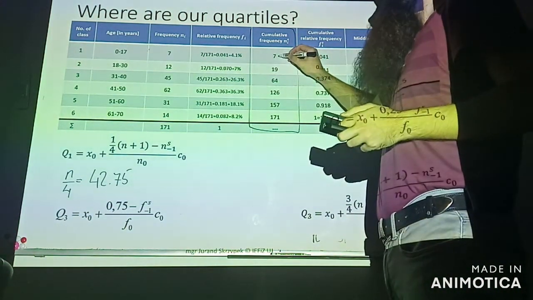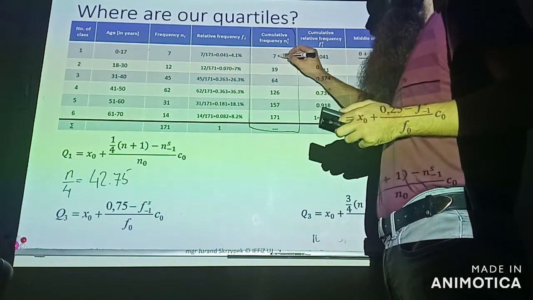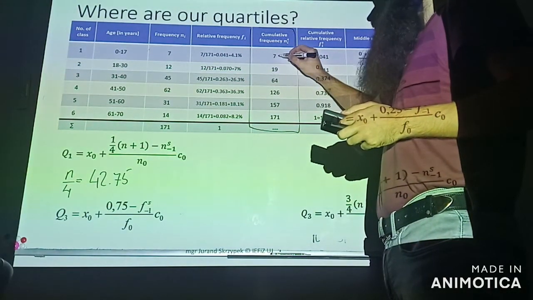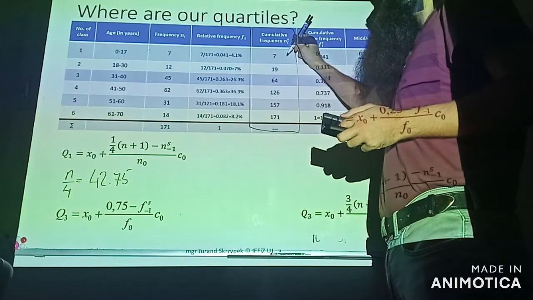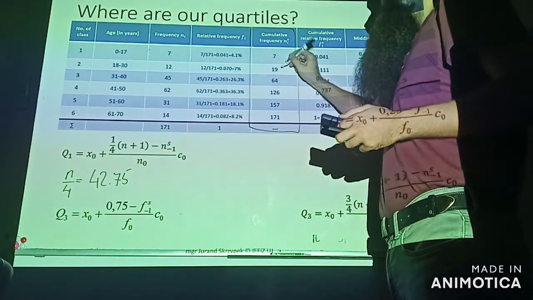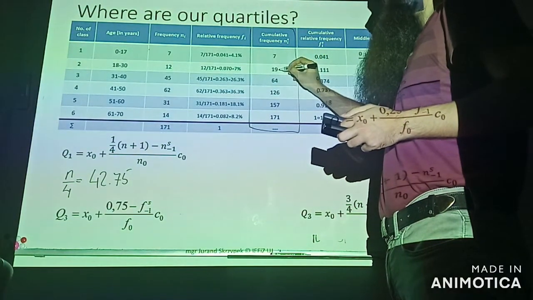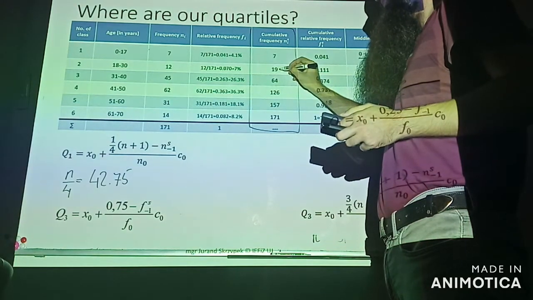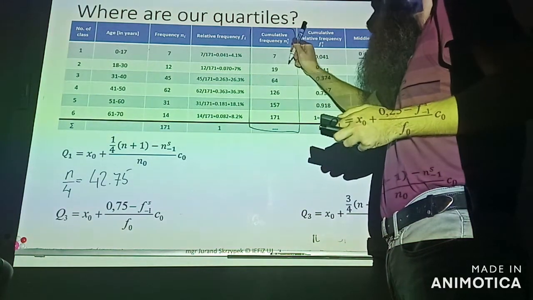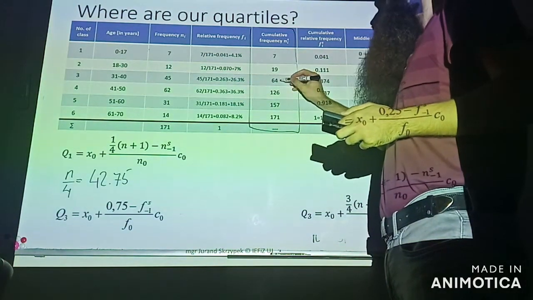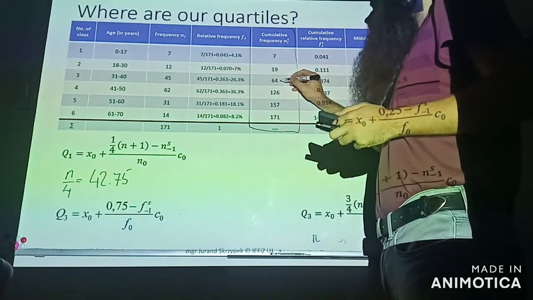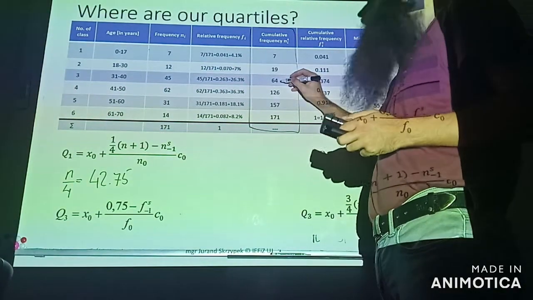Here we have a lower value than 42.75, so we are moving down. Here also we have a value lower than 42.75, so we are moving down. Here 64 is greater than 42.75.